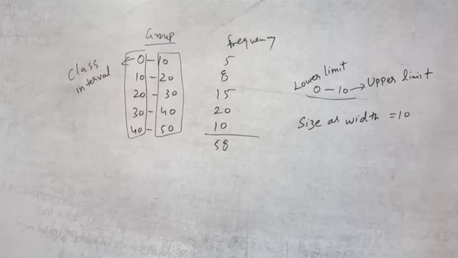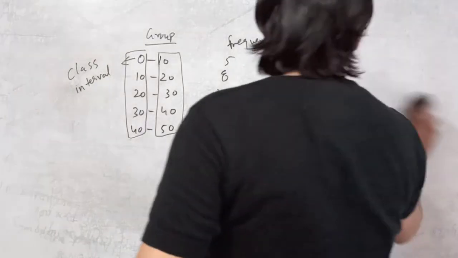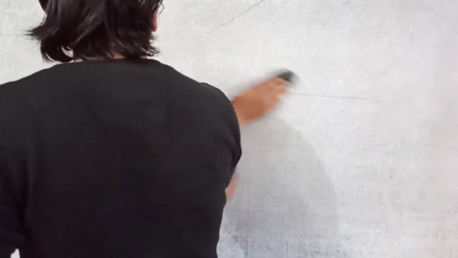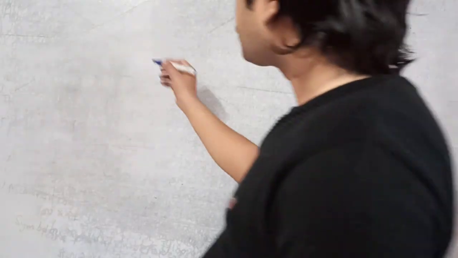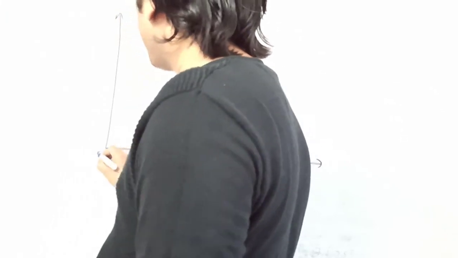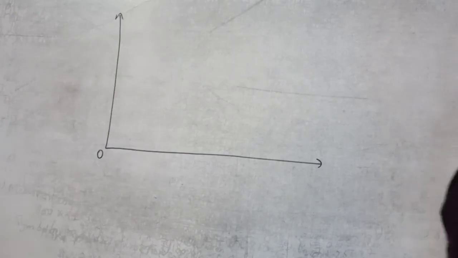Now one more important thing. Suppose we are drawing the bar graph or any graph, so when we have to skip the numbers, here we know that whenever we are drawing the graph, 0 is coming.